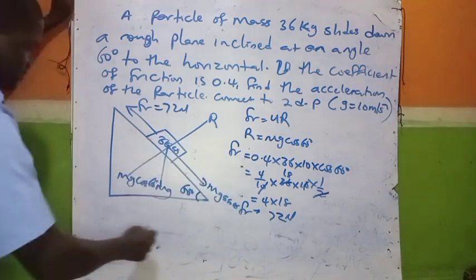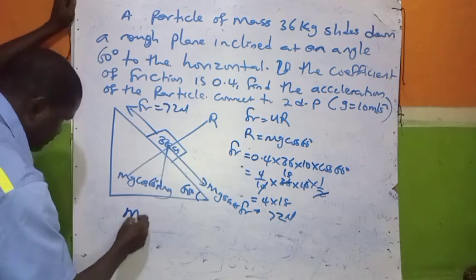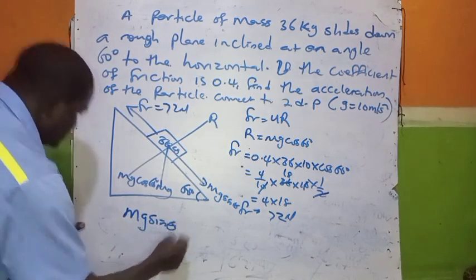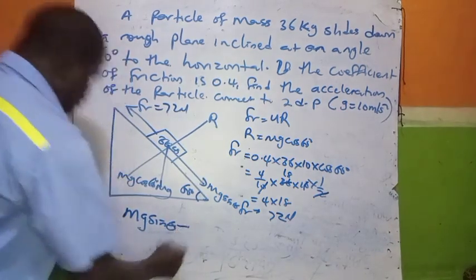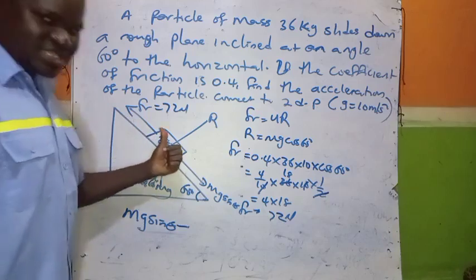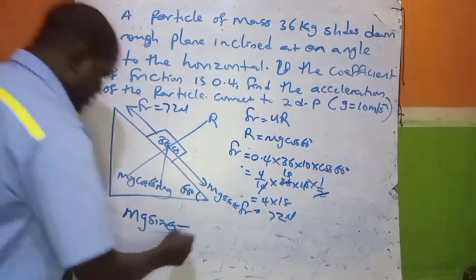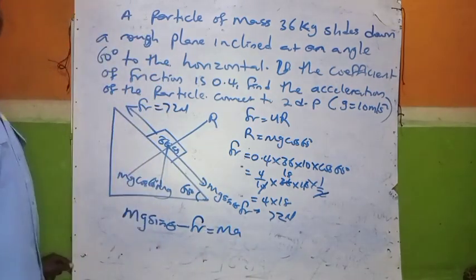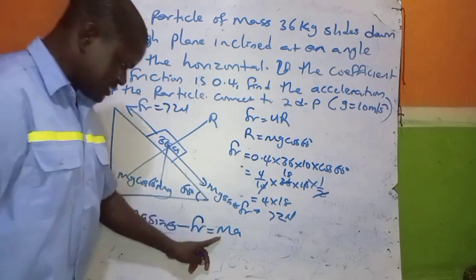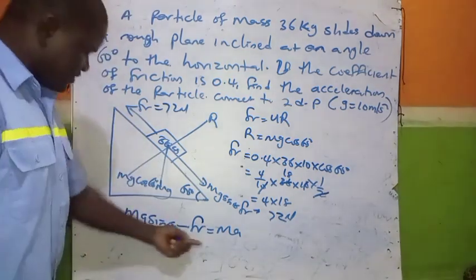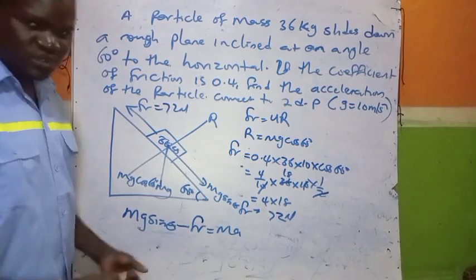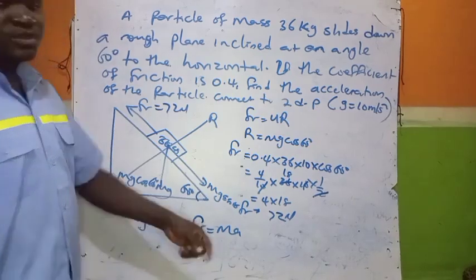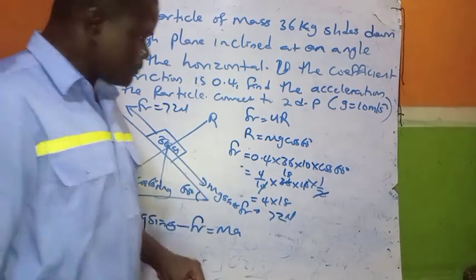Then you have to calculate the acceleration as it slides down the plane. If it's moving like this, you have mg sine theta minus the force acting in the opposite direction, which is the frictional force, equal to Ma. This is the net force, and F equals Ma is the second law of motion.